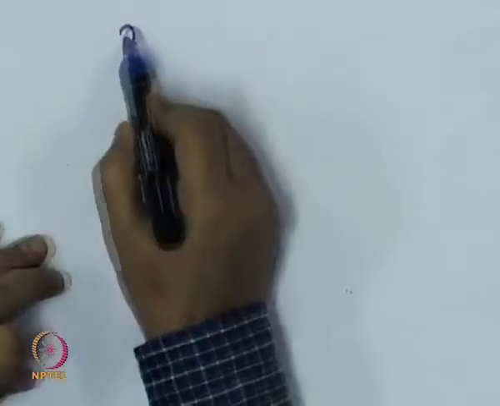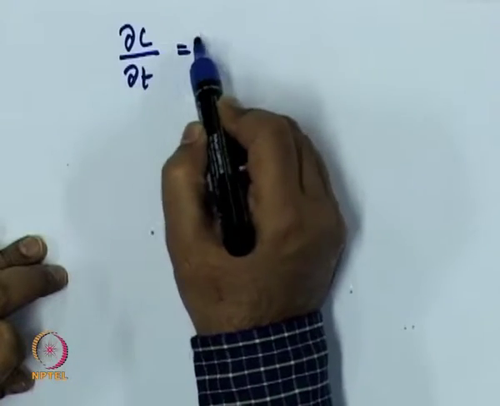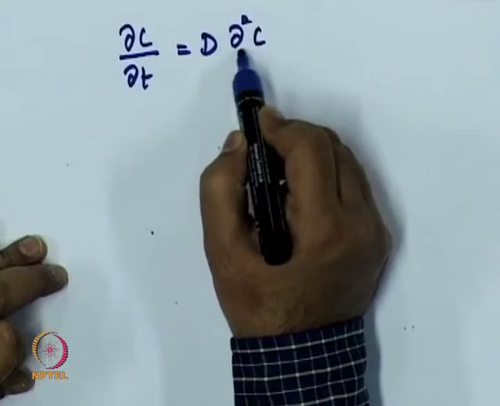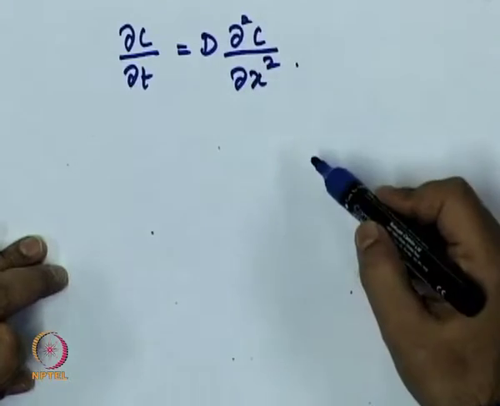So, let us again take the equation. So, this is the Fick's second law. So, that is dou C by dou t is equal to D del squared C by del x squared.